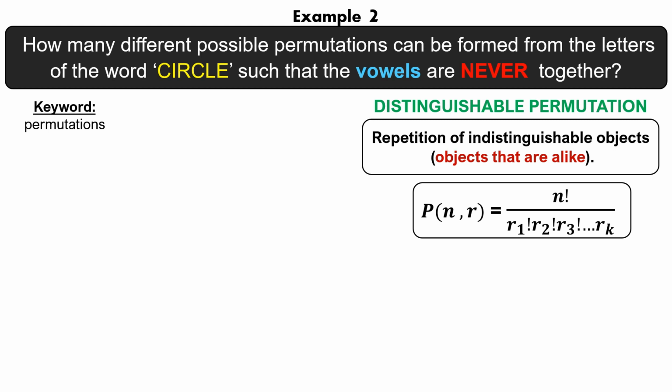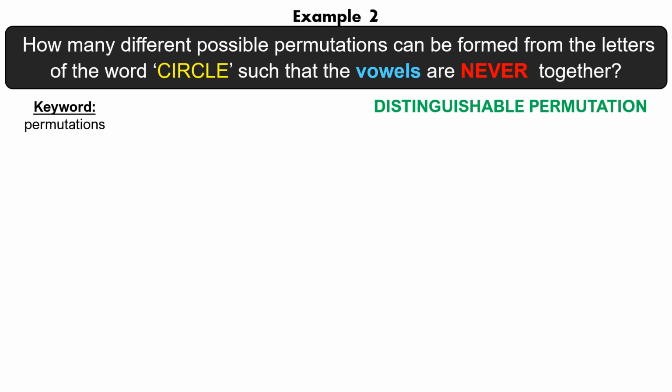So this letter R are just notations for the things that are alike. So it can be denoted also as different letters. So going back to the problem, let us apply the formula.